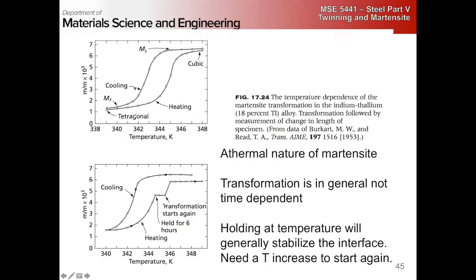This is going from austenite to martensite back to austenite in this indium thallium system. Generally in steels, you're not reversible like this because you temper, right? You would temper the martensite out, and the carbon would diffuse, and you'd go to BCC from BCT anyway. So now you have a ferritic structure. It's not truly the BCT martensite structure anymore.